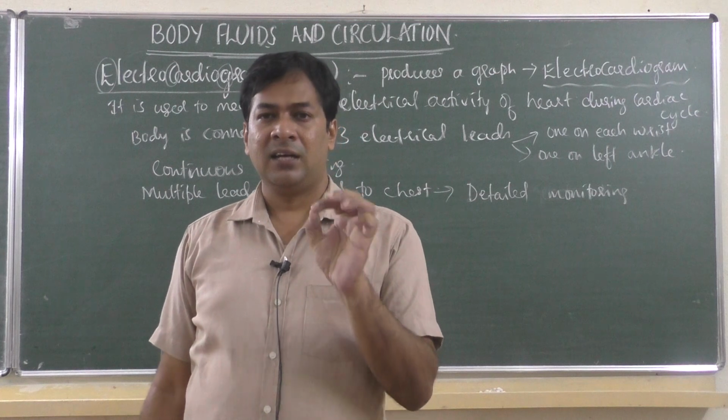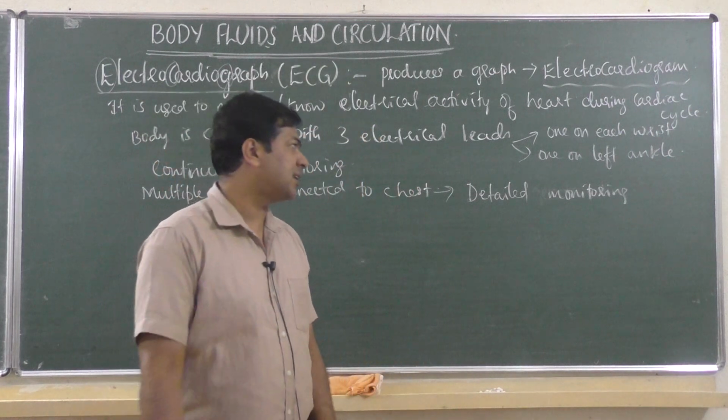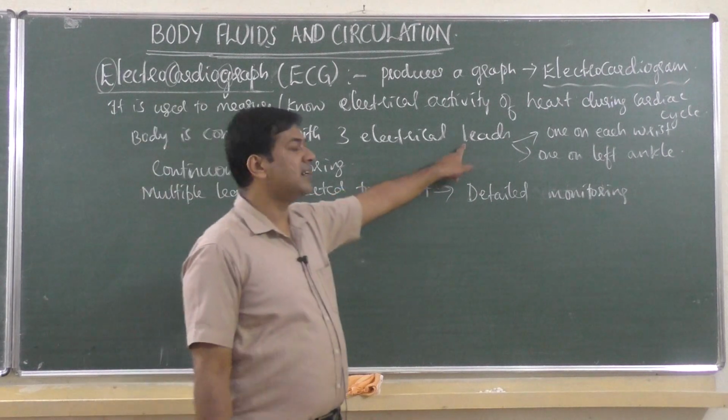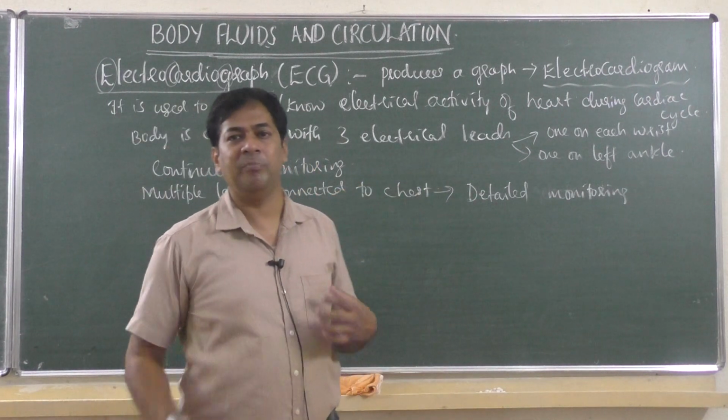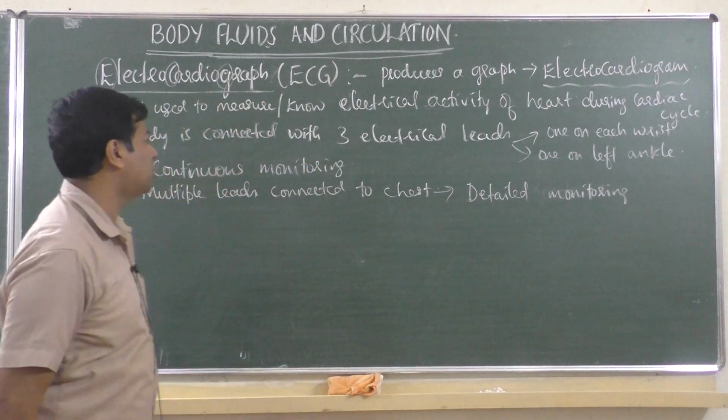Then they need minute details of cardiac activity also. At that time these 3 leads are not enough, so they will have many leads on the chest portion.